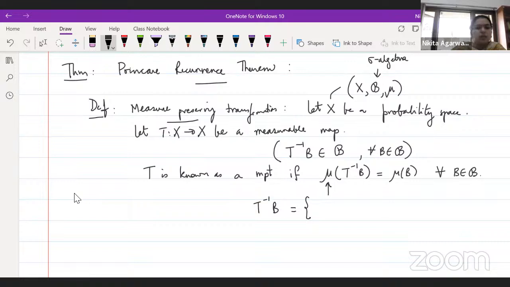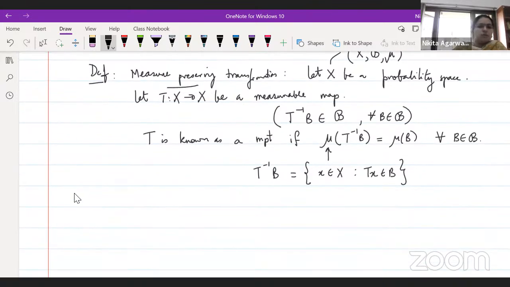By definition, T inverse B is all those x in X such that T of x belongs to B, right? So you're looking at all the points in the space which go to B if you apply the map once. So you're saying that as your map moves, it transports the same amount of information from one place to another as far as the measure goes.